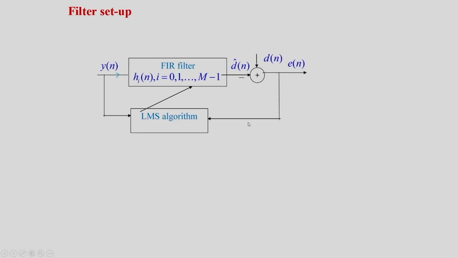This error signal is passed to the LMS algorithm, and there the filter coefficients will be updated according to the error, and the filter coefficients will be passed over to the FIR adaptive filter. So, this LMS algorithm has two inputs. One is the data itself, because the data vector is needed there, and the other is the error signal.